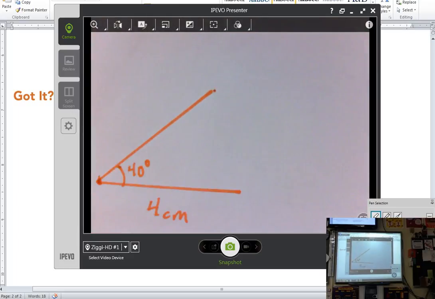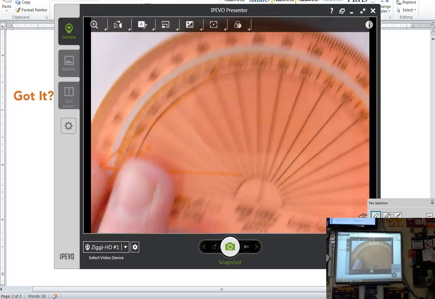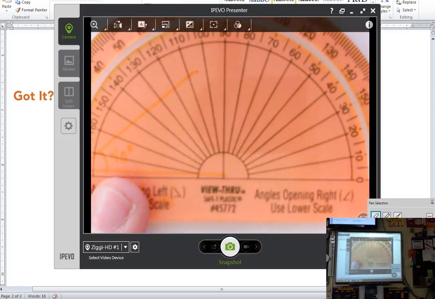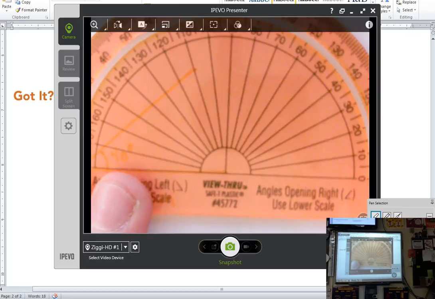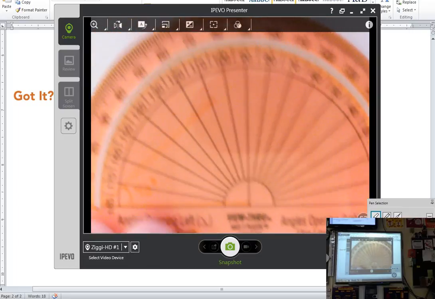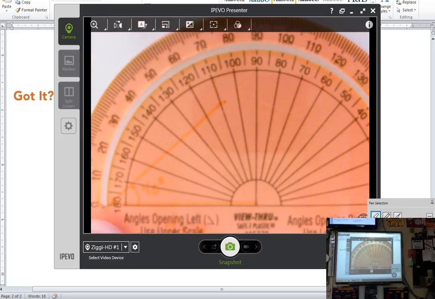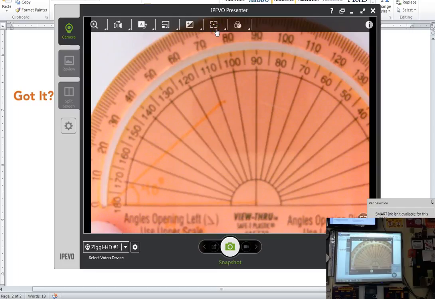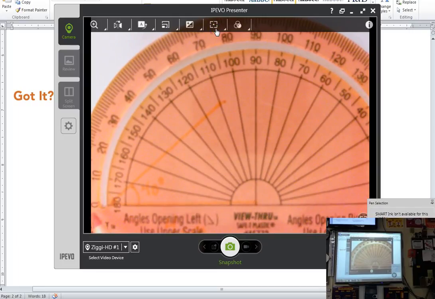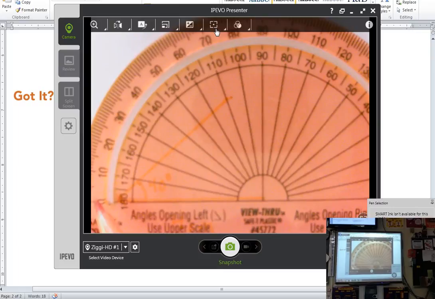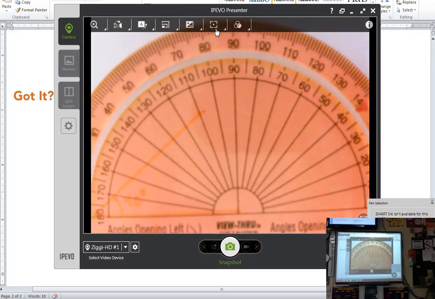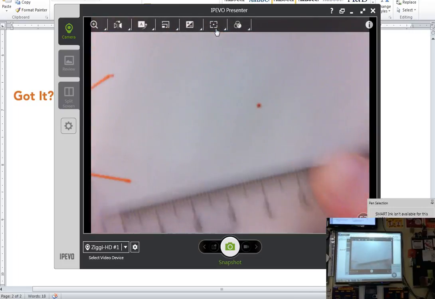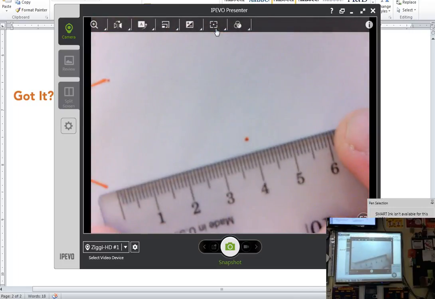The angle on the far end, or the right end here, will now need to measure 140. So again, line it all up. Then I got to use my outer set of numbers now. So go all the way to your 140 is way over here. Again, that needs to only be 4 centimeters long.